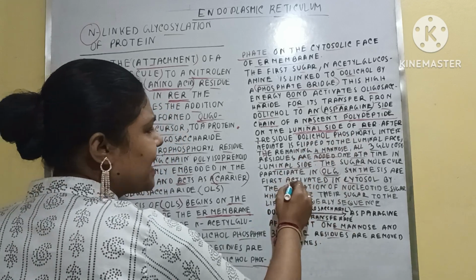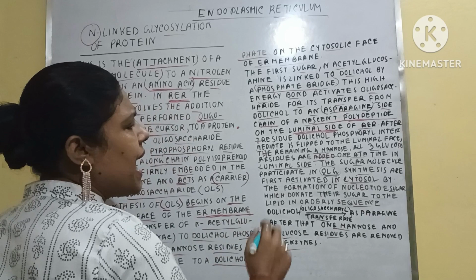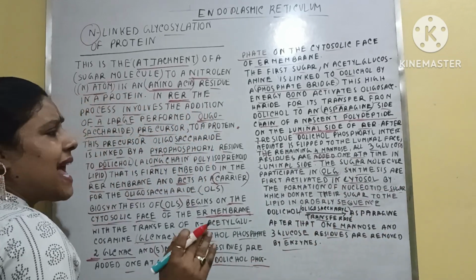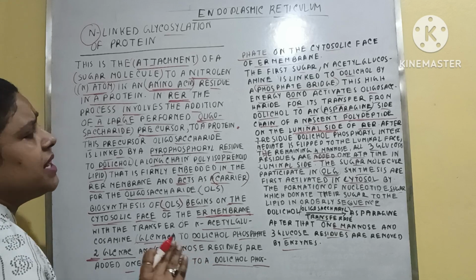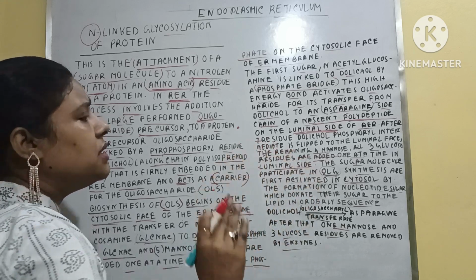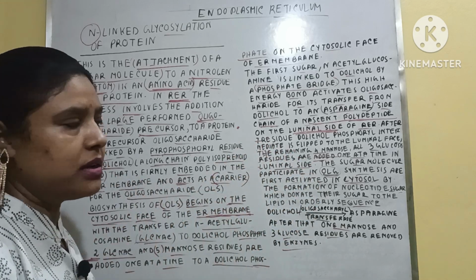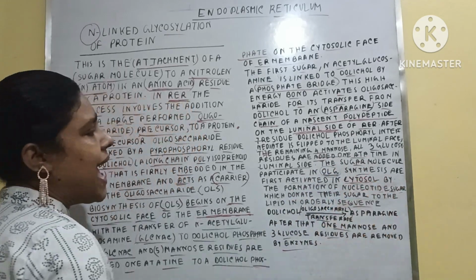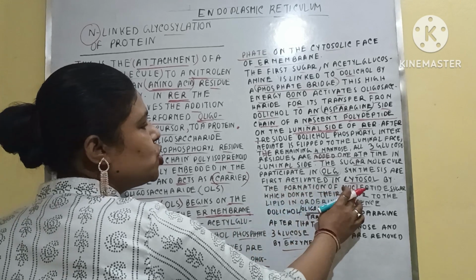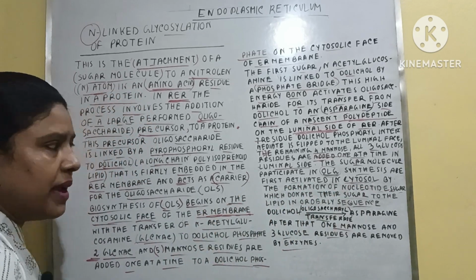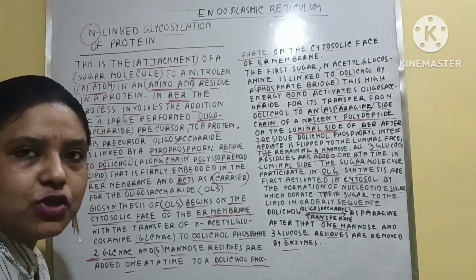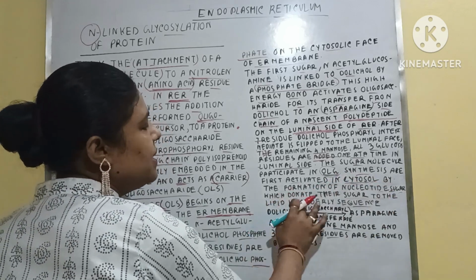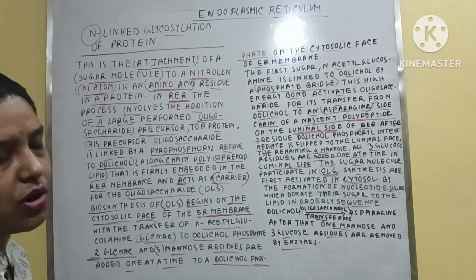Generally, first they are activated in the cytosol and form the nucleotide sugar, because the nucleotide sugar is very important for this, not the simple sugar. First they convert them into the nucleotide sugar and then they donate the sugar to the lipid, in sequence order.